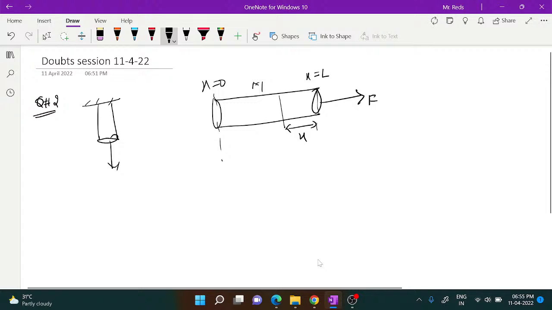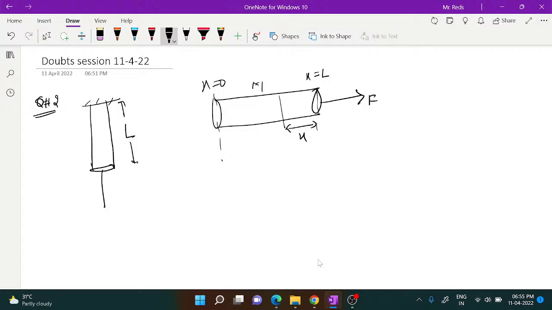So the same thing you can consider in this case also. Let us consider its total length is L, and now we have applied a force F here. At a distance x from the end where you are applying the force, let us say this is point x, what is the stress at this point is the question.